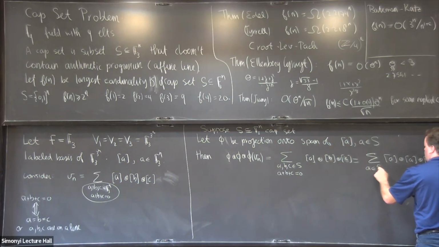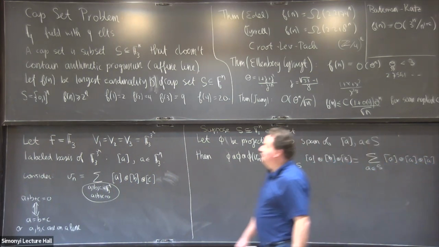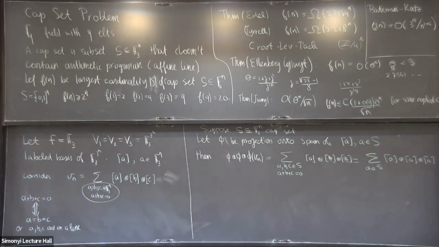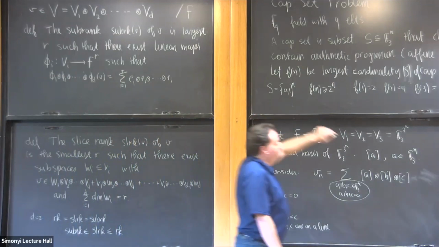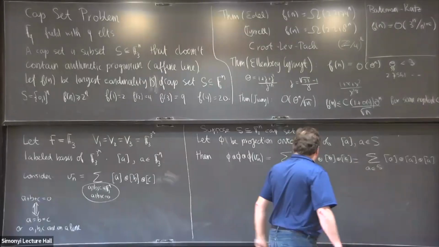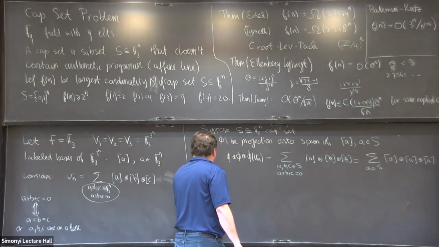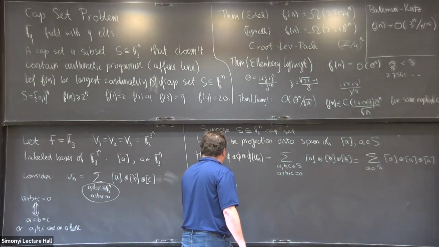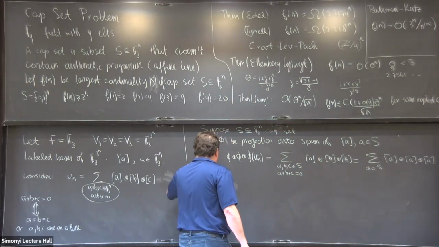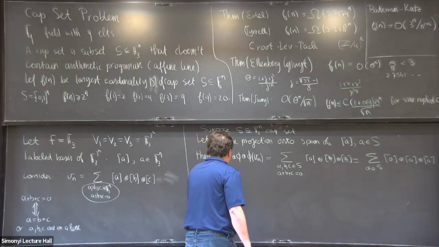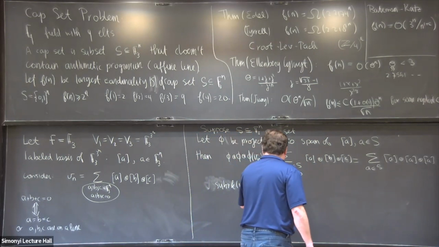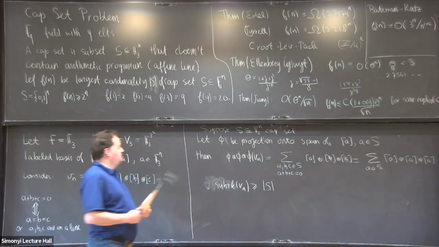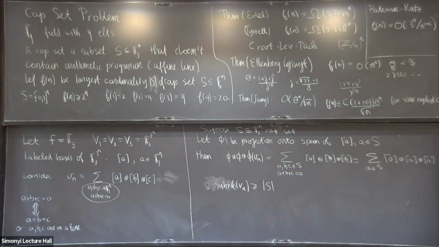So this is just equal to the sum of a tensor a tensor a, for a in S. And from that, if we look at the definition of subrank, now instead of labeling from 1 to r, we labeled it with elements of S. What we get is that the subrank of Vn is greater than or equal to the cardinality of S. Okay, so we have an upper bound for the cardinality, which is what we want.